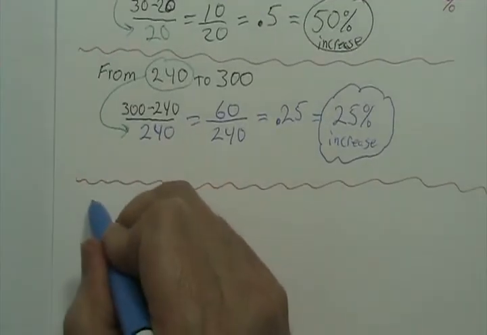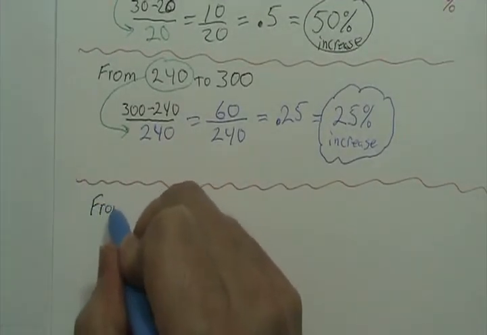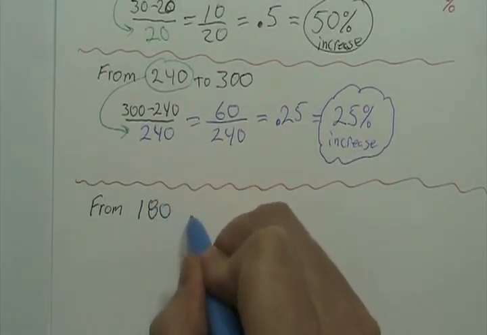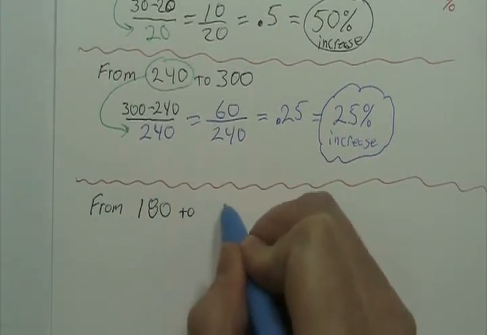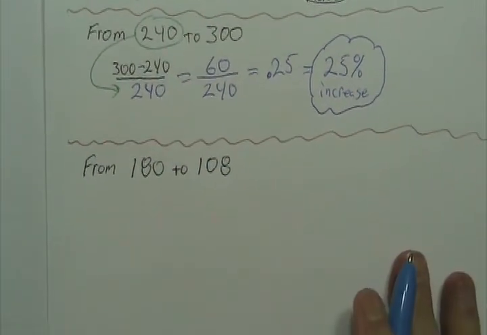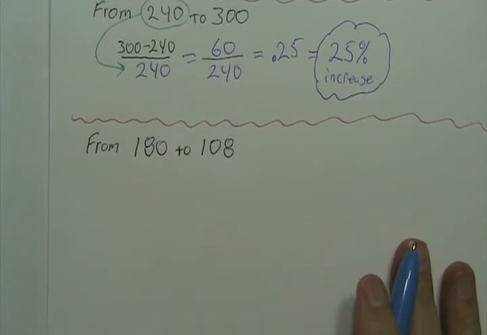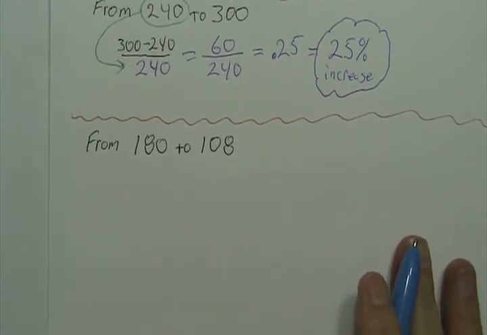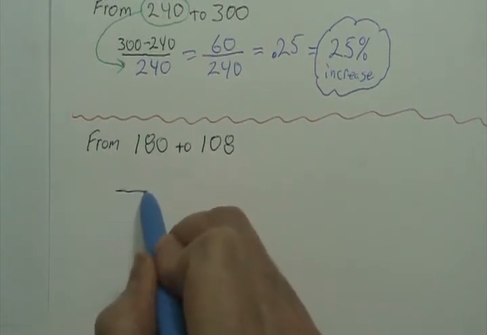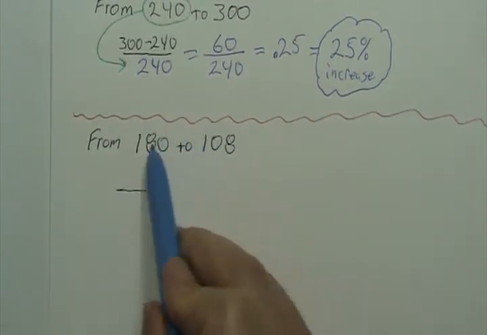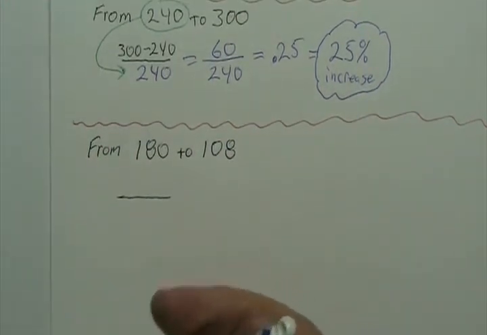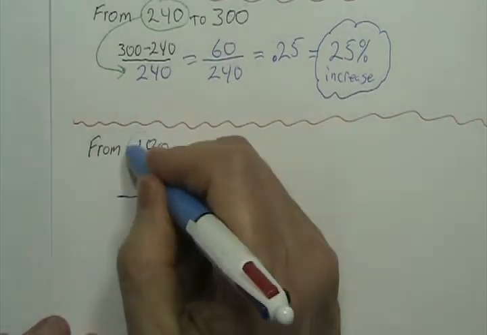Okay, our next one is from 180 to 108. Hey, that's a decrease. It's going down, not up. Okay, same thing though. Remember, it's the difference over the starting number. Well, the starting number is 180, right?